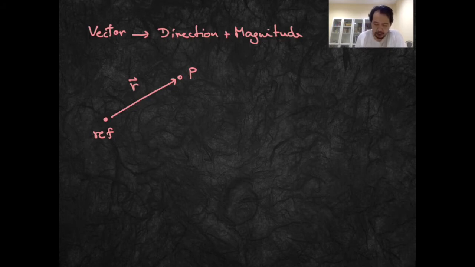Now, the second property of the vector is the addition of vector. Okay.